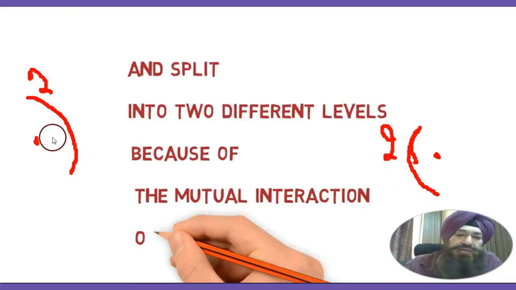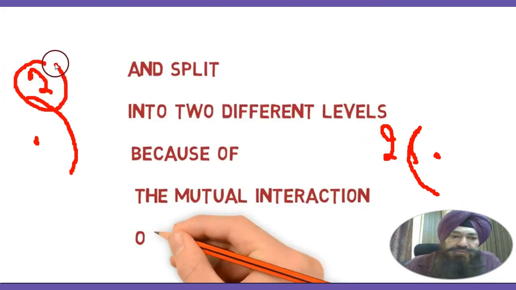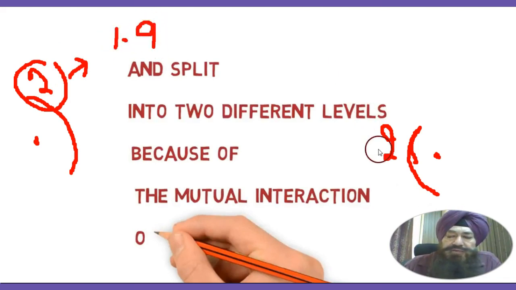It's okay when they are far apart. But when they come close, what happens? The energy which is 2 units may change and become 1.9, very close to this one.